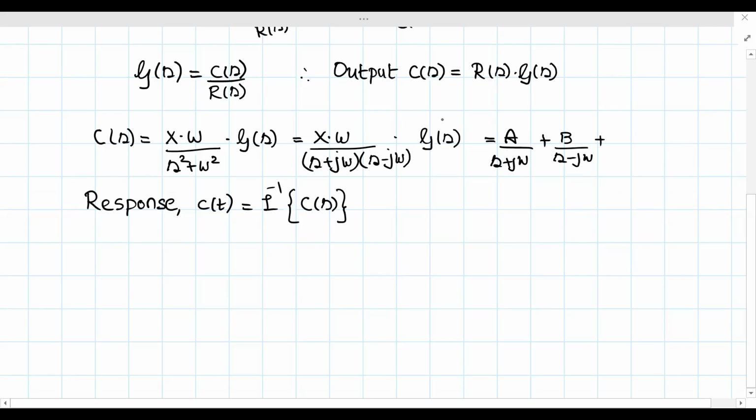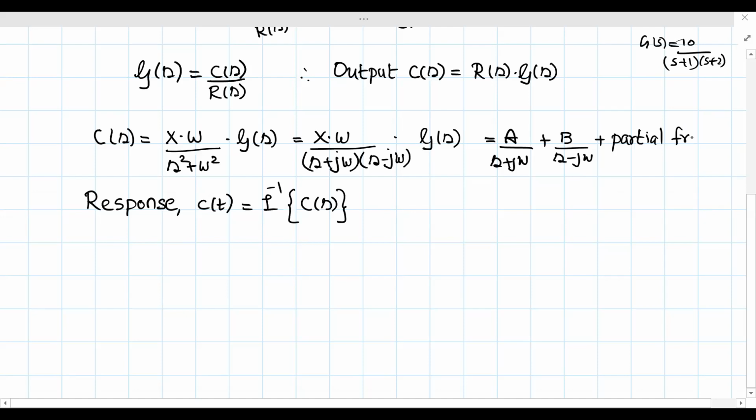Say, for example, G of s equal to 10 by (s plus 1) into (s plus 2). This will be K1 by s plus 1 plus K2 by s plus 2. Since G of s is a transfer function of a similar form, you can write plus partial fraction terms due to G of s.